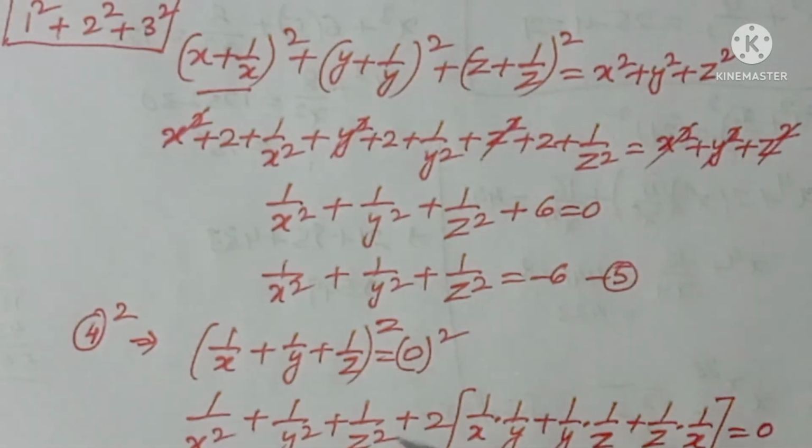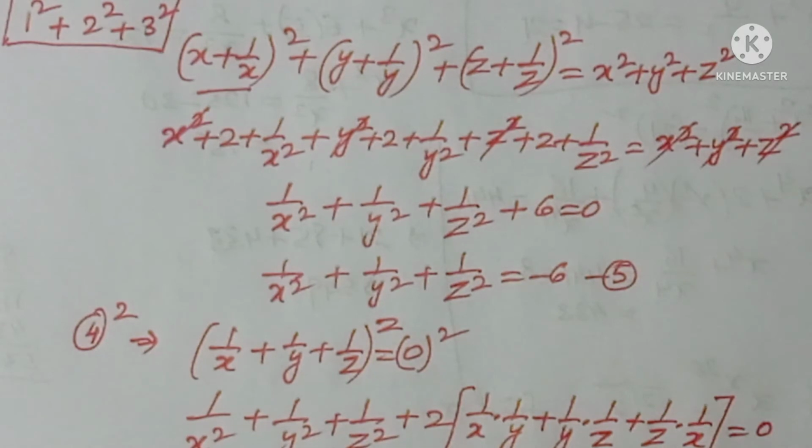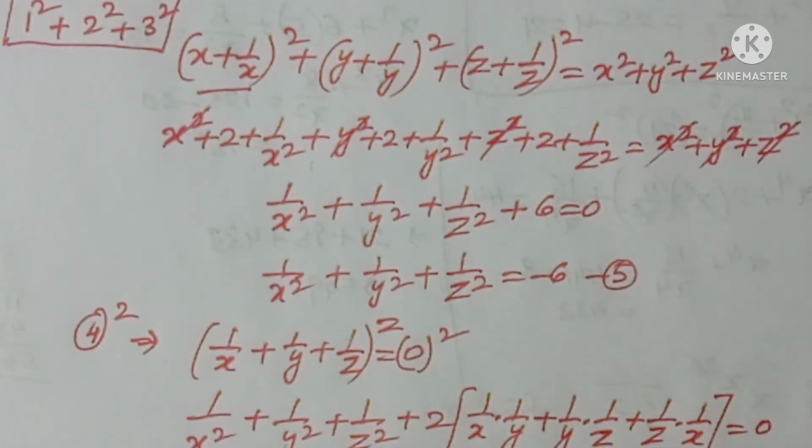So here this value is minus 6 from 5. Minus 6 plus 2 into (1 by xy plus 1 by yz plus 1 by zx) is equal to 0.